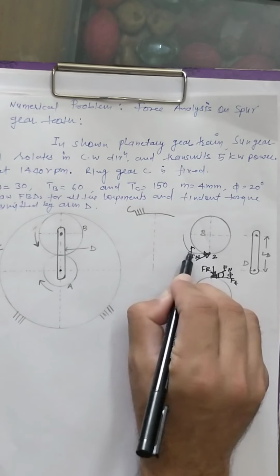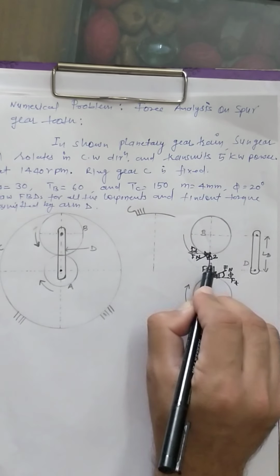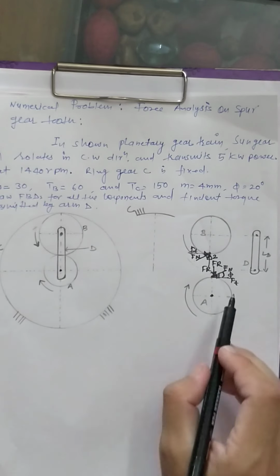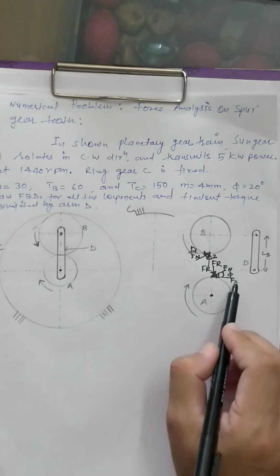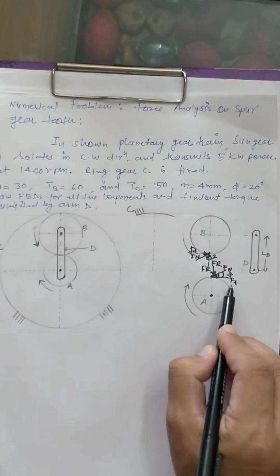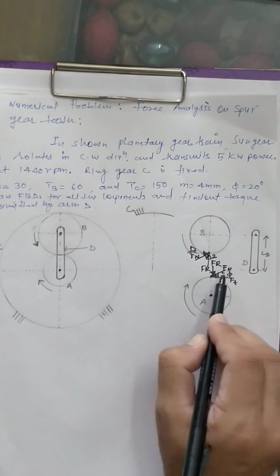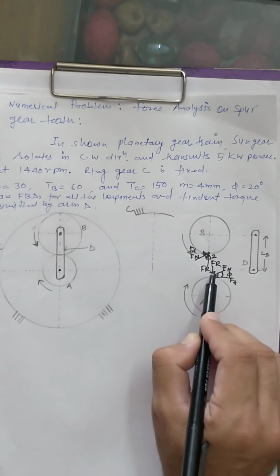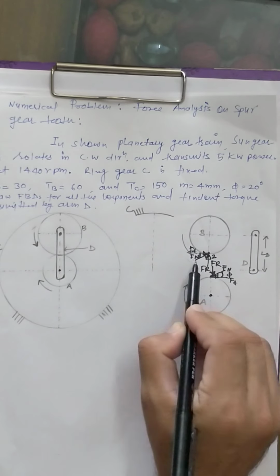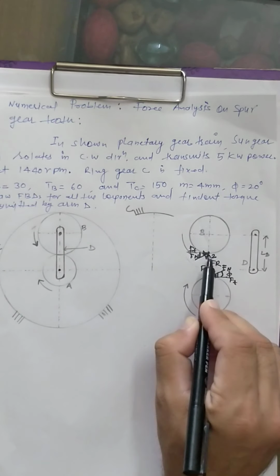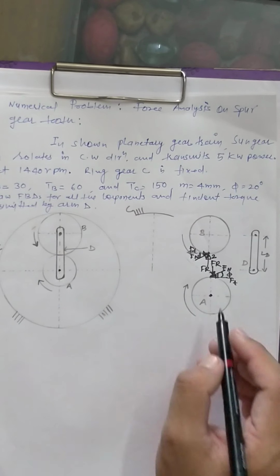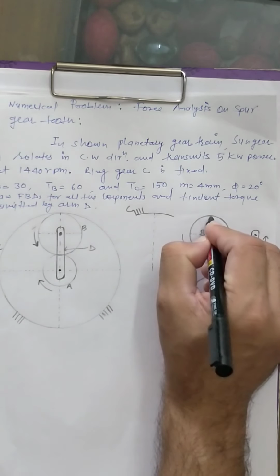This is Ft and this is Fr. So here Ft is the cos component of this Fn, or you can say Fn cos phi, and Fr is Fn sin phi. Similarly, this angle is phi, so this Ft is Fn cos phi, and this Fr is Fn sin phi.